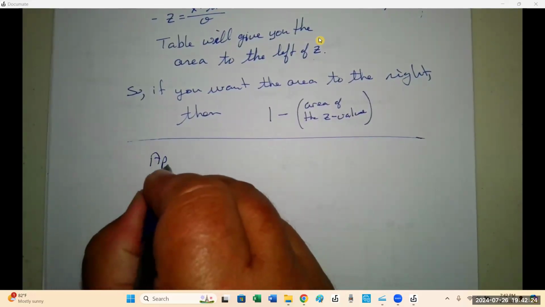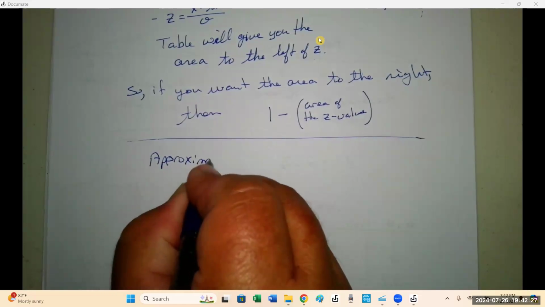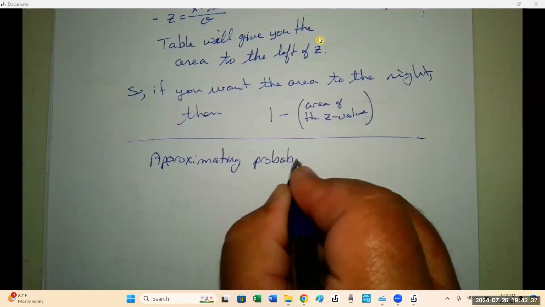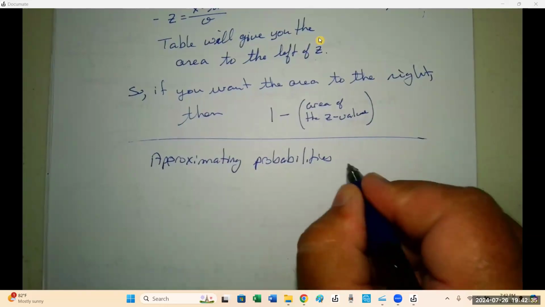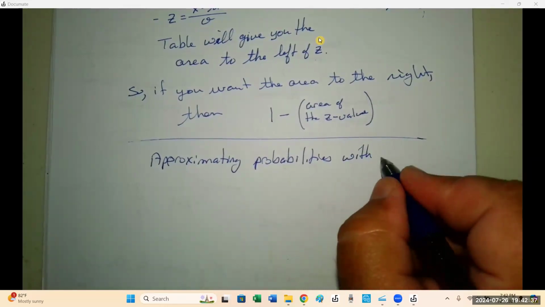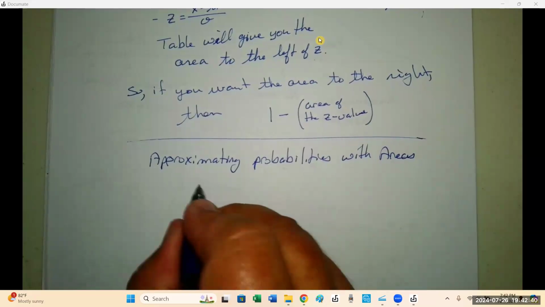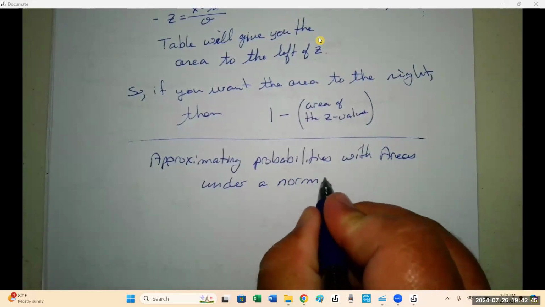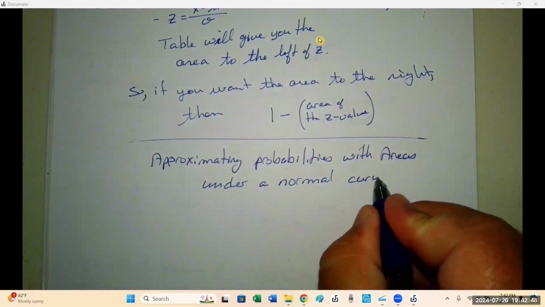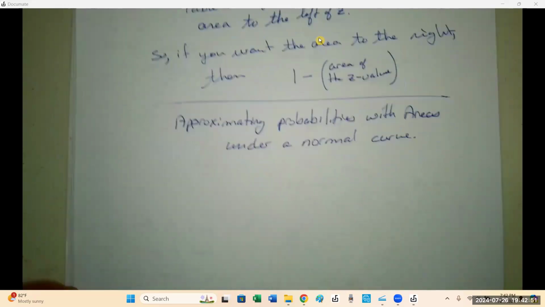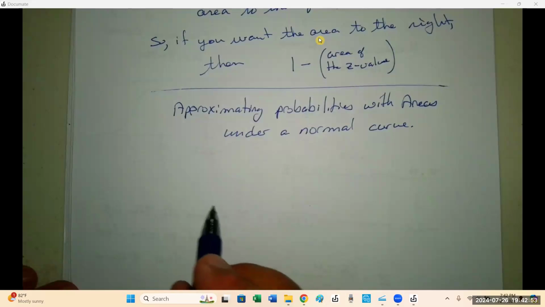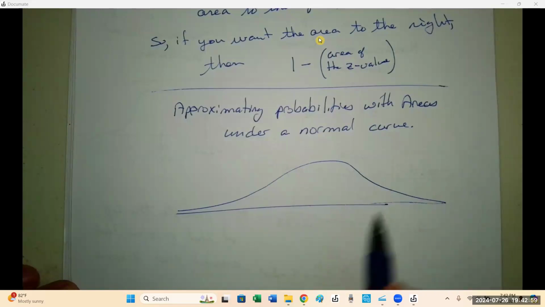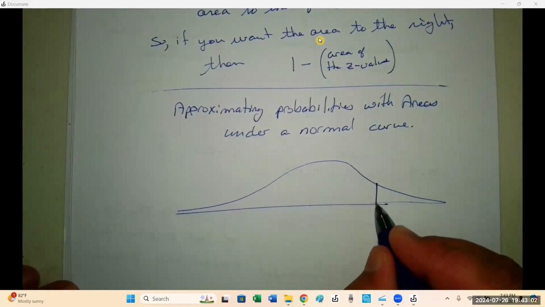So we have approximating probabilities with areas under a normal curve. So here's your z value.